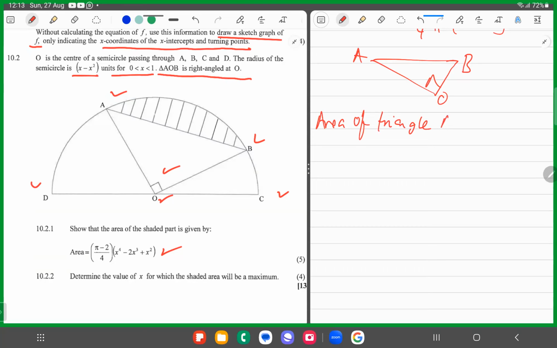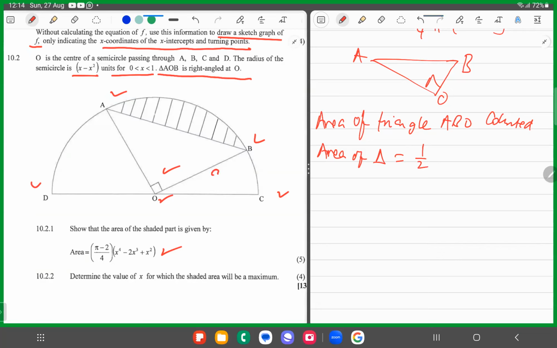Area of triangle ABO. The area of a triangle, you can look at it in many ways.